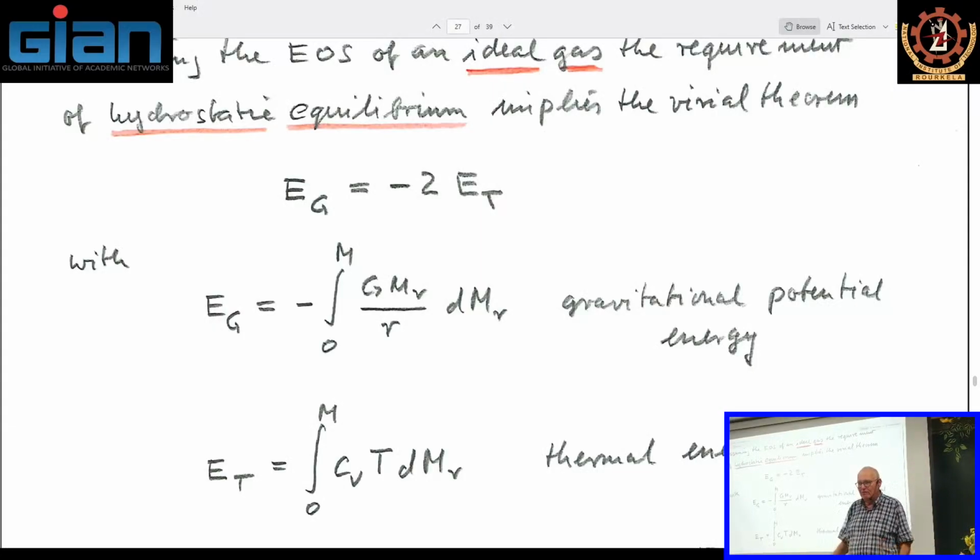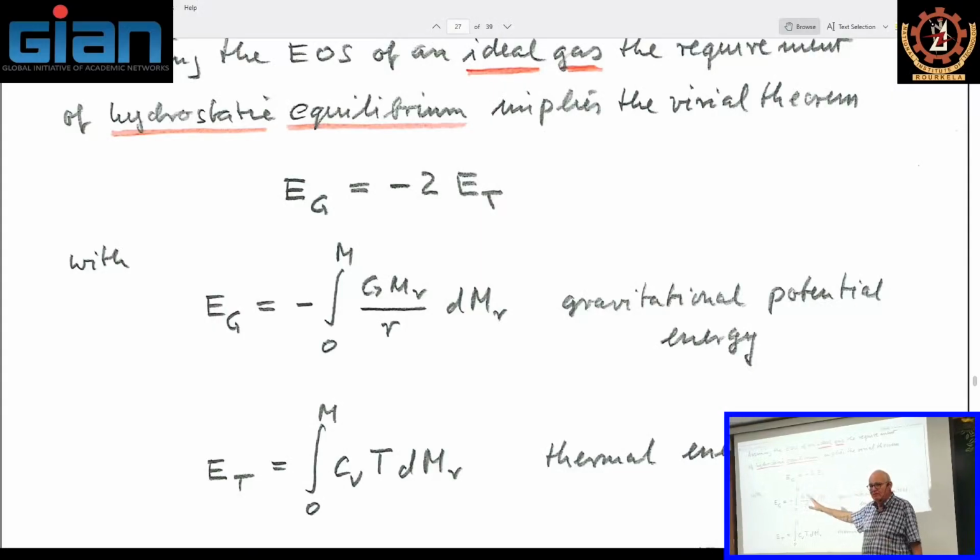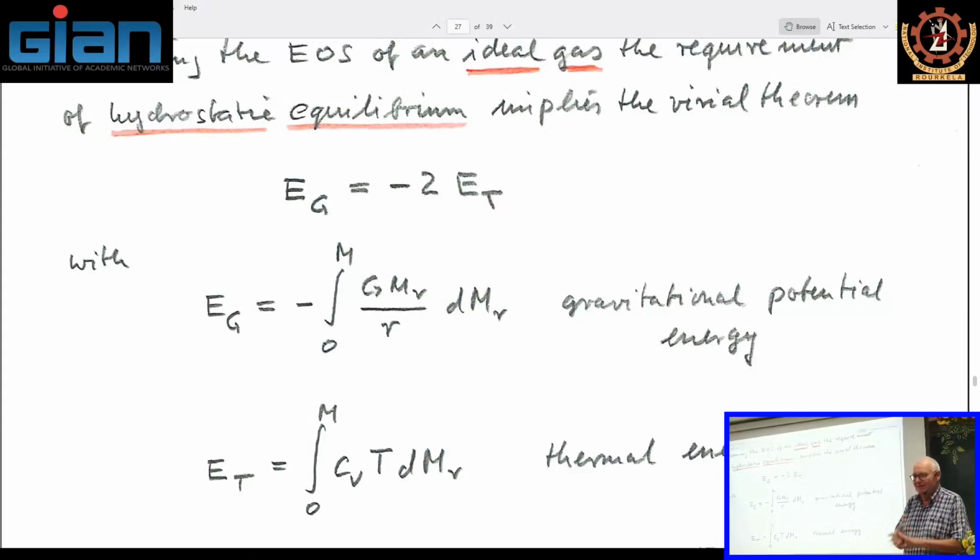What we have adopted is hydrostatic equilibrium. So keep in mind, the virial theorem has nothing to do with energy conservation, even if it uses two kinds of energies in its arguments or in the result. It's just a consequence of hydrostatic equilibrium.